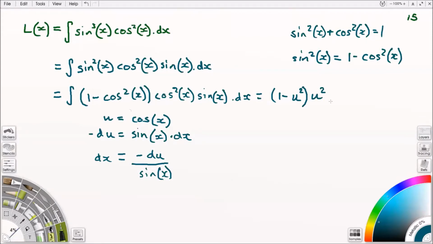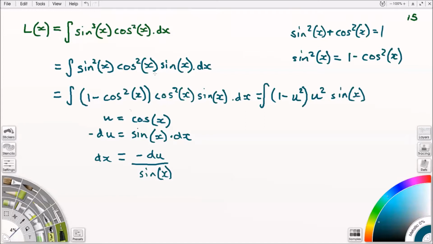Well, u isn't equal to sine, so sine stays the same, with respect to x here, which is actually what we want, because we want to get rid of all our terms that have x in them.